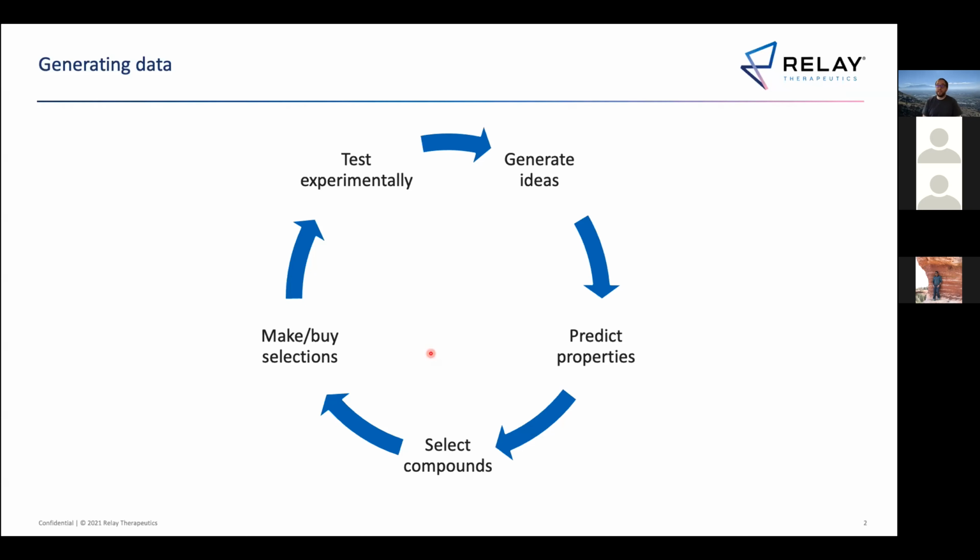And this is exactly the sort of thing that happens in drug discovery companies all over the world. But the main differentiator is the amount of automation and the amount of process level thinking that is happening as this cycle is iterated.